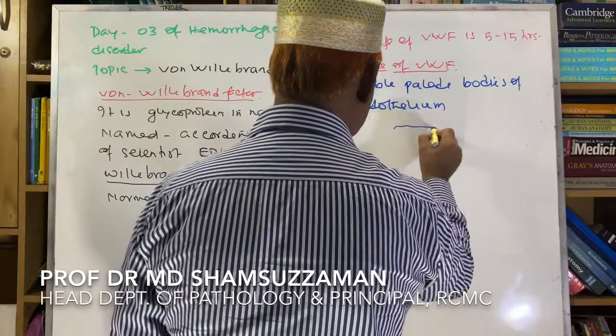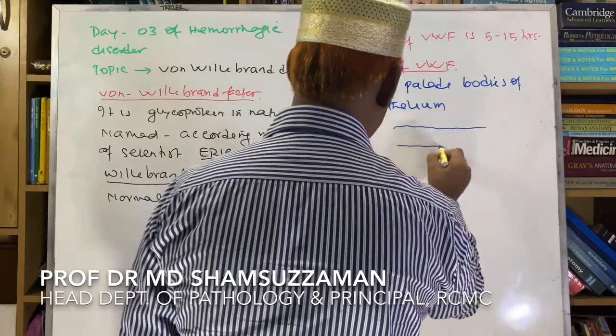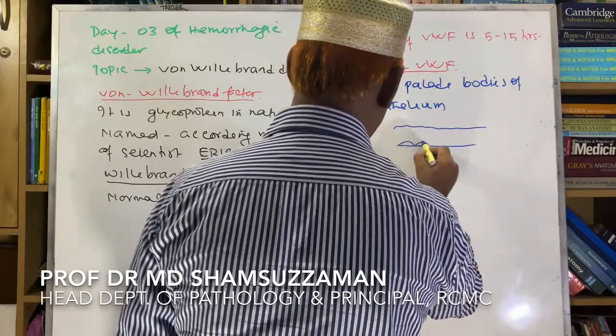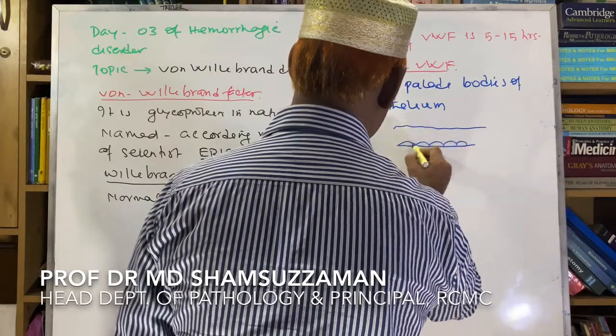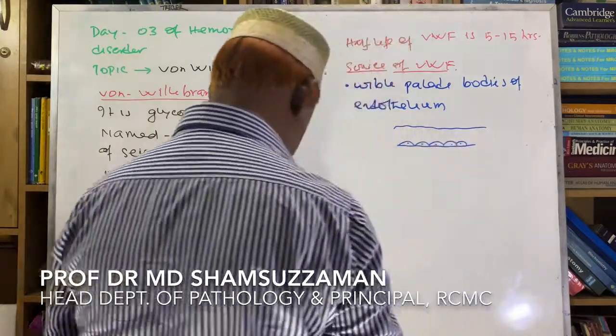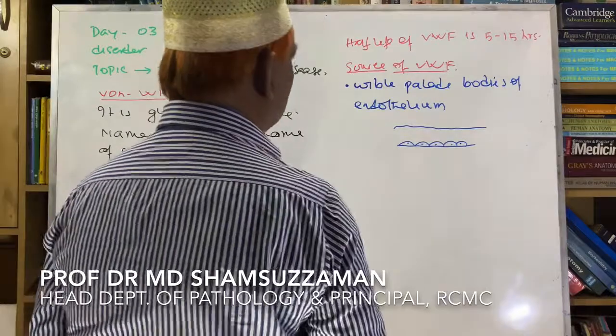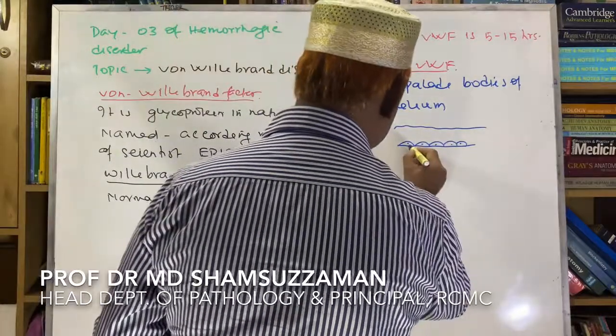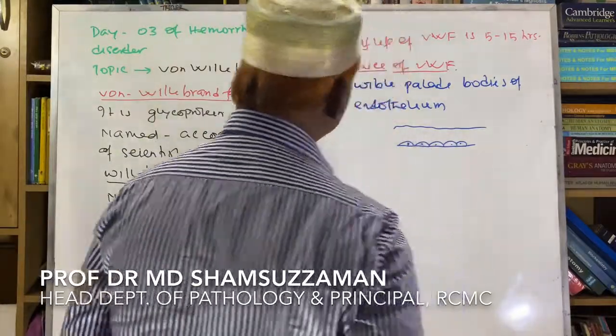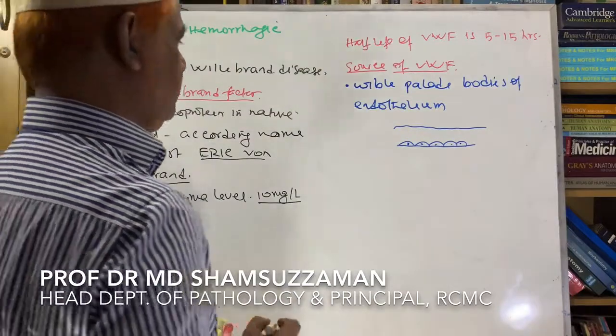If this is blood vessel, and this is endothelial lining, there are Willebrand bodies within this endothelium, and this is the source of von Willebrand factor.